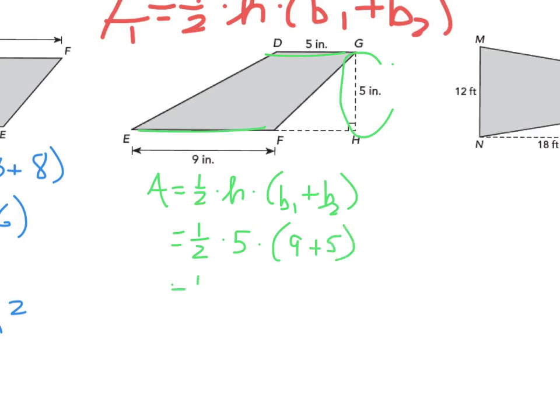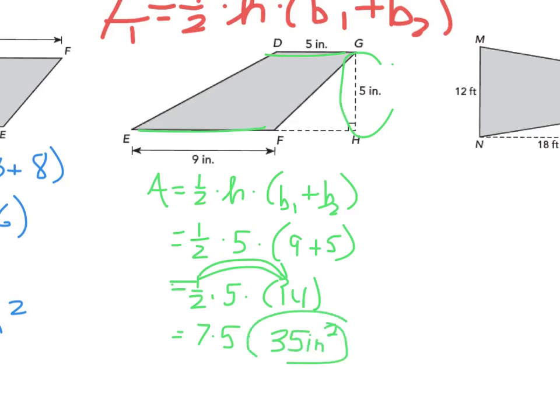So that becomes 1/2 times 5 times 14. I'll probably do half of the 14 instead of half of the 5. Since it's all multiplication, due to the commutative property, I can do whatever I want, but I don't want to get a decimal if I don't have to. So I'm going to do half of 14, which gives me 7, and 7 times 5 will give me the area of this shape as 35 square inches.